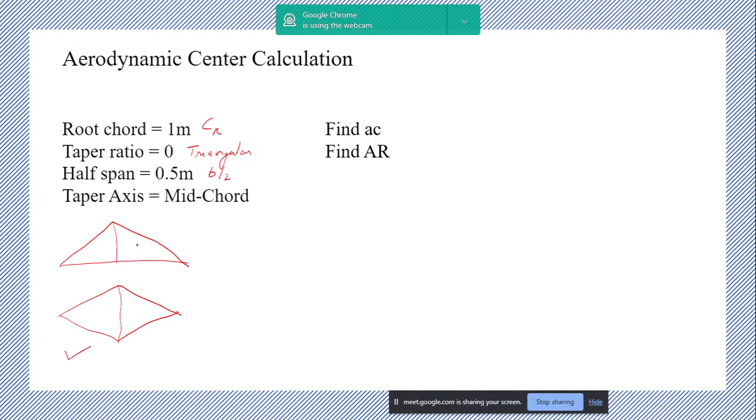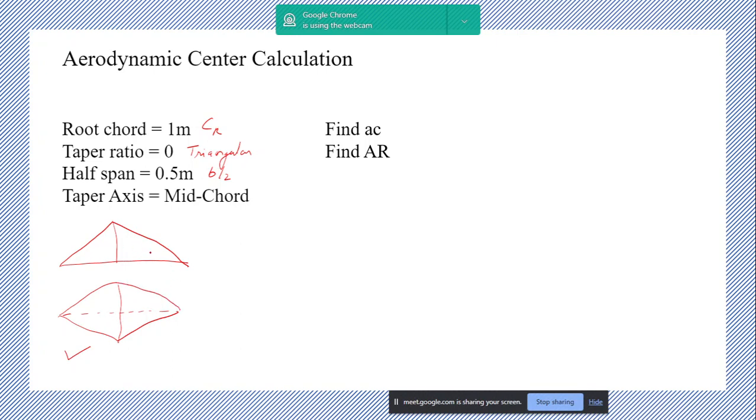So if it is this, what will the taper axis be? Here it was mid chord, right? So mid chord is this. It is tapering about this mid chord.